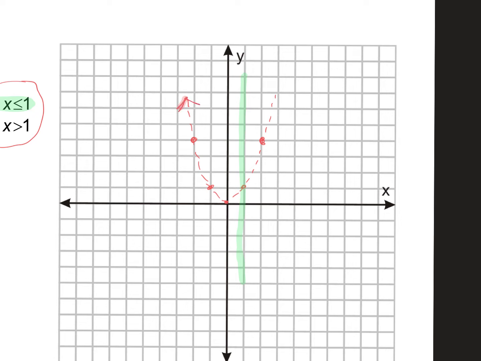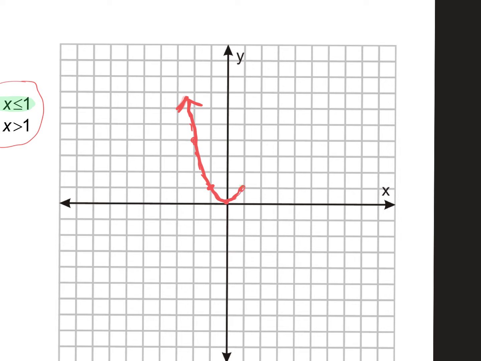You want to keep this piece of your graph, but you don't want anything to the right of that line. So we would erase it. You just erase it. So the only piece they want of that graph is right here. And this is why this is a piecewise function, because they just want pieces of graphs. They don't want the entire thing.